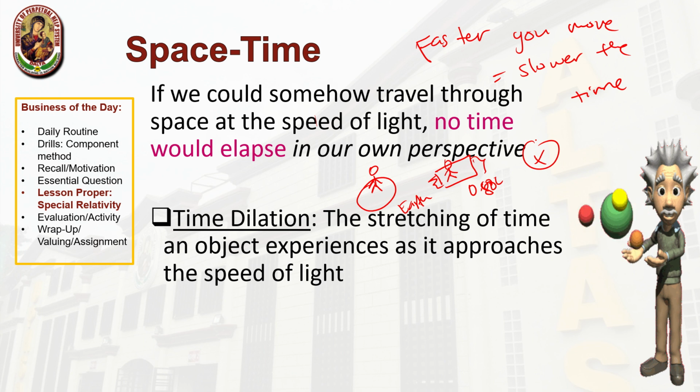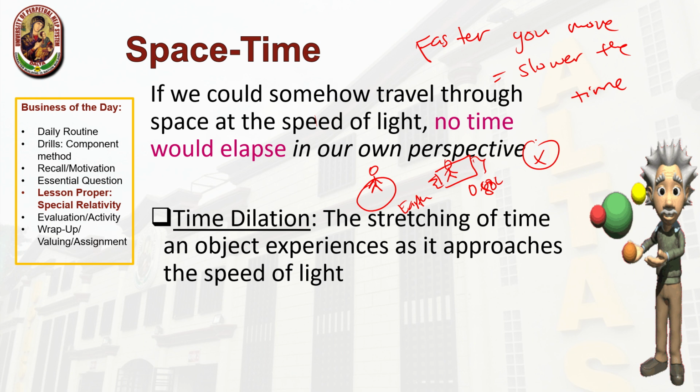We asked both of them to record how long it would take this spaceship to travel from Earth to planet X. I repeat, we will be asking the person on Earth, just at rest, observing this spaceship, how long it would take the spaceship to travel from Earth to planet X. And that is also the same question that we will be asking the astronaut on board the spaceship moving from Earth to planet X. So we will be having two different recorded times, one from the Earth observer and the other one from the astronaut.